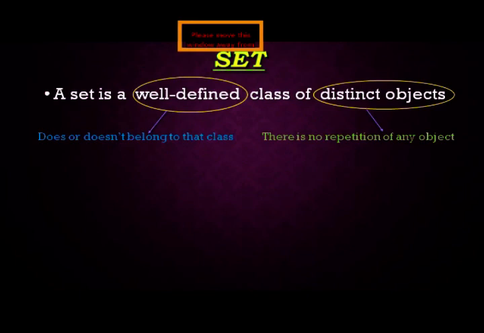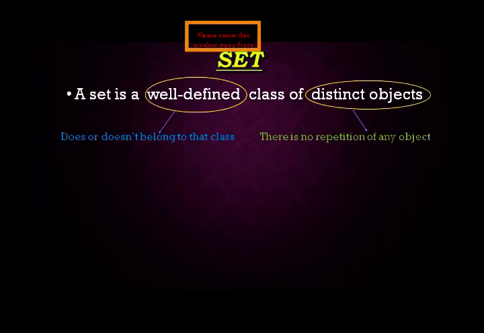It means that when we have the same objects in a set, we will not repeat it. We will write it only once. So a set is a well-defined class of distinct objects. It means that it does or does not belong to that class and there is no repetition of any object. So this is called set.